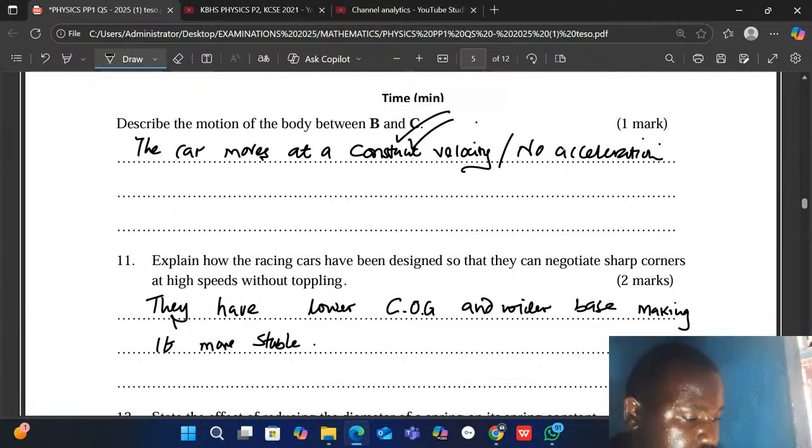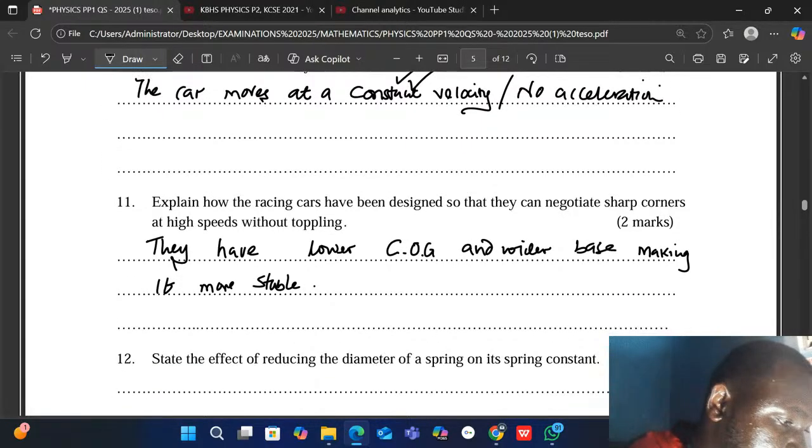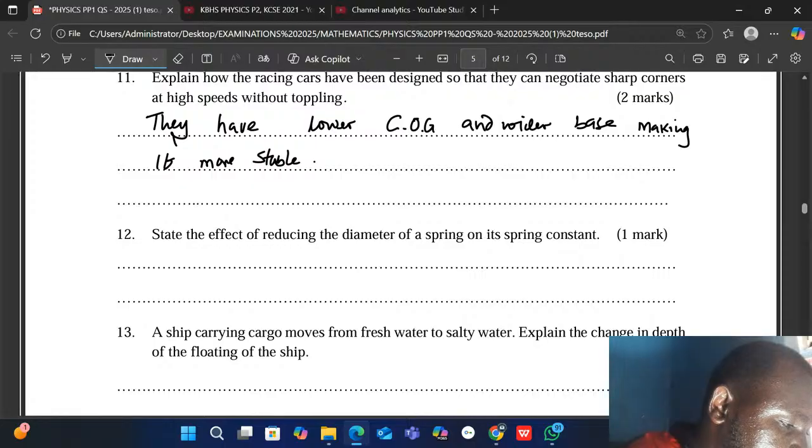Remember, physics has turned out to be of more theory. The questions of writing are not calculative questions. Say the effect of reducing the diameter of a spring on its spring constant. So it's like you're supposed to derive from the factors affecting the spring constant of a spring. Therefore, when it comes to the diameter of the spring, if you reduce it, then you're going to produce a stronger spring constant.